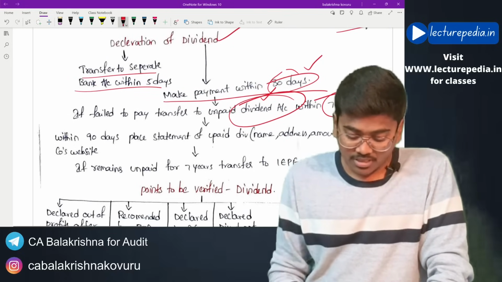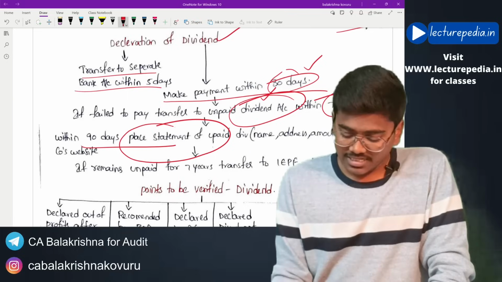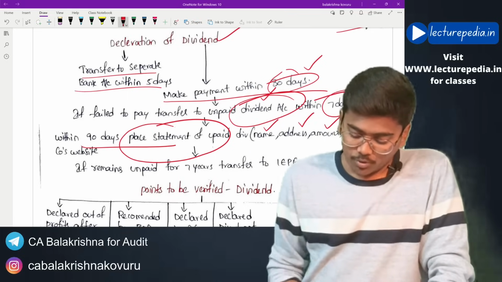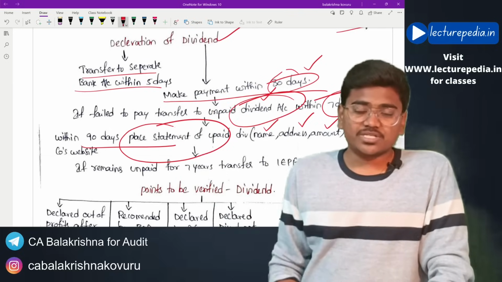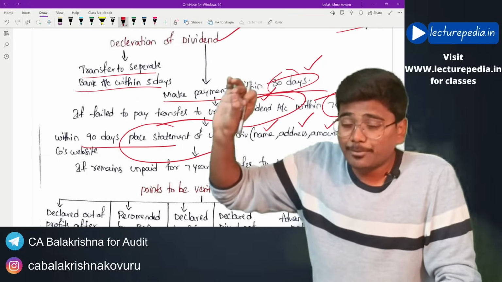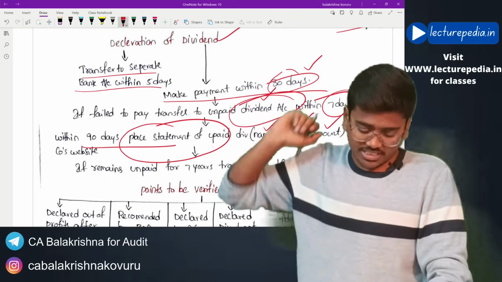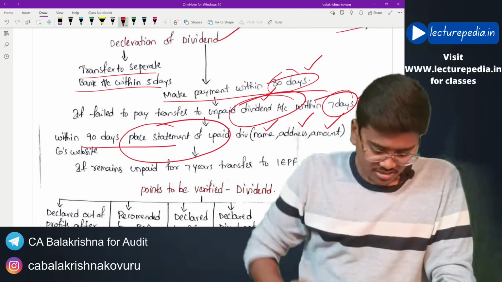Then within 90 days, it has to place a statement of unpaid dividend containing name, address and amount on the company's website. It has to prepare a statement containing details regarding unpaid dividend, and that statement has to be placed on the company's website and also on some other authorities' websites.